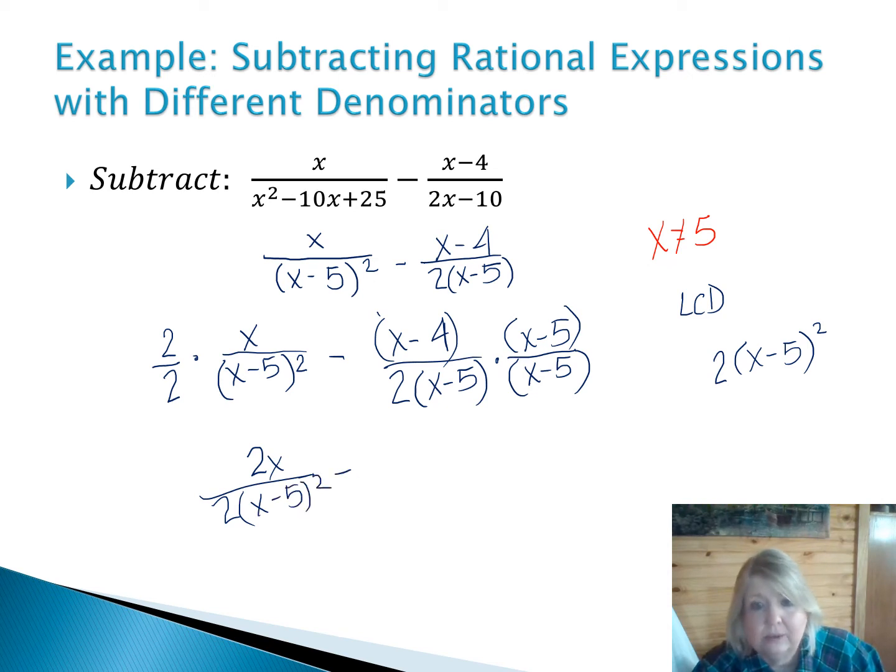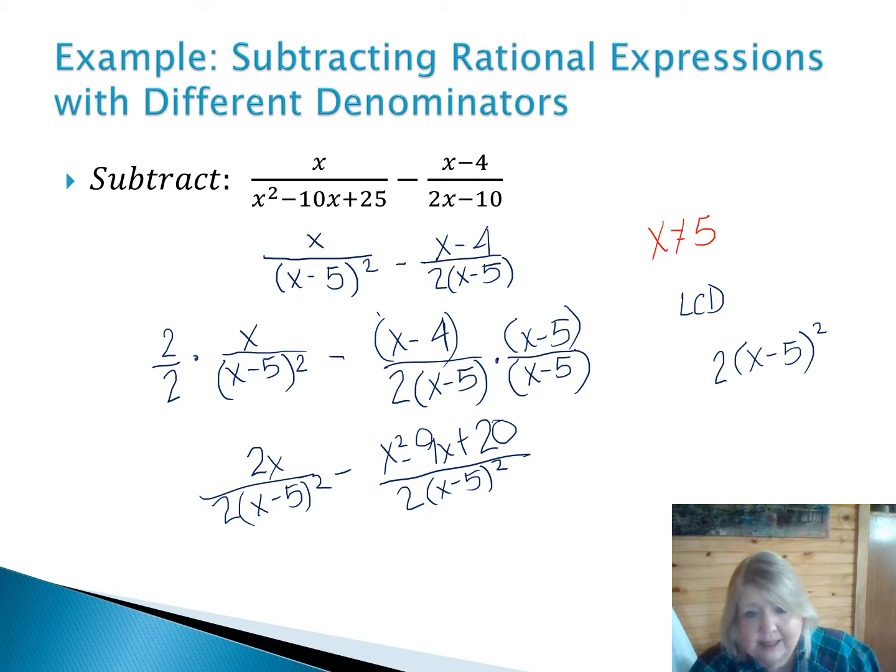minus, I'm going to multiply that out, that's x squared minus 9x plus 20 over my common denominator. Now I'm going to hit this minus sign every time as I go through.